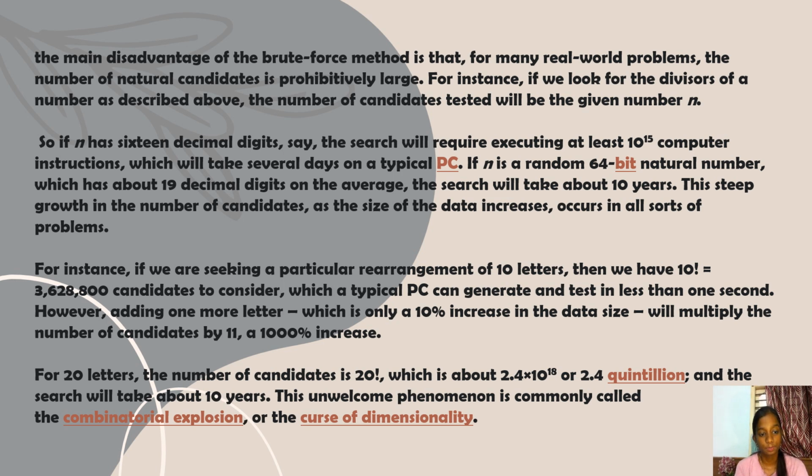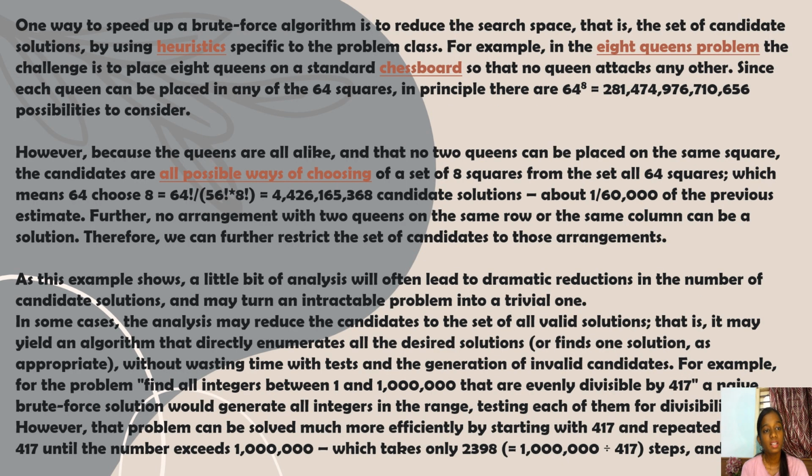So let us see one way to speed up a brute force algorithm: reduce the search space, that is, the set of candidate solutions, by using heuristics specific to the problem class. For example, the 8 queens problem challenges us to place 8 queens on a standard chessboard so that no queen attacks any other.